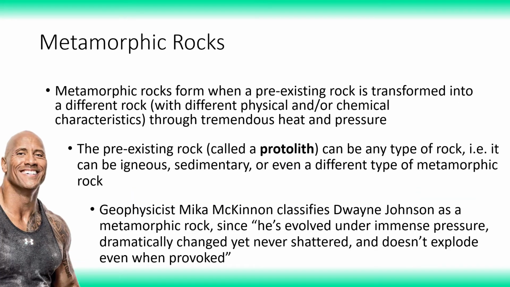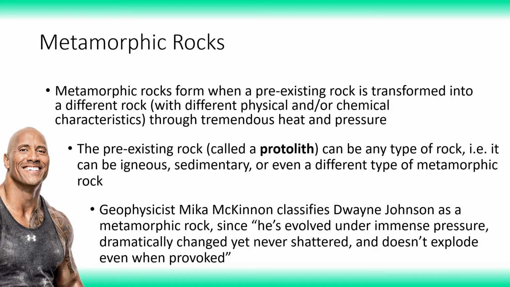Now, the last rock type that we're going to be talking about is metamorphic rocks. So metamorphic rocks form from a pre-existing rock that then gets transformed into a new kind of rock that has different physical characteristics or different chemical characteristics or both.